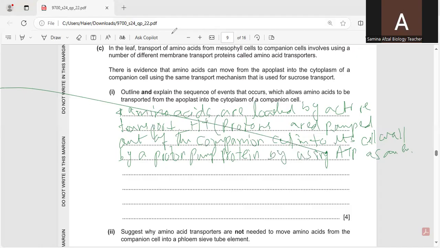These proteins create a large excess of hydrogen ions in the apoplast pathway outside the companion cell.